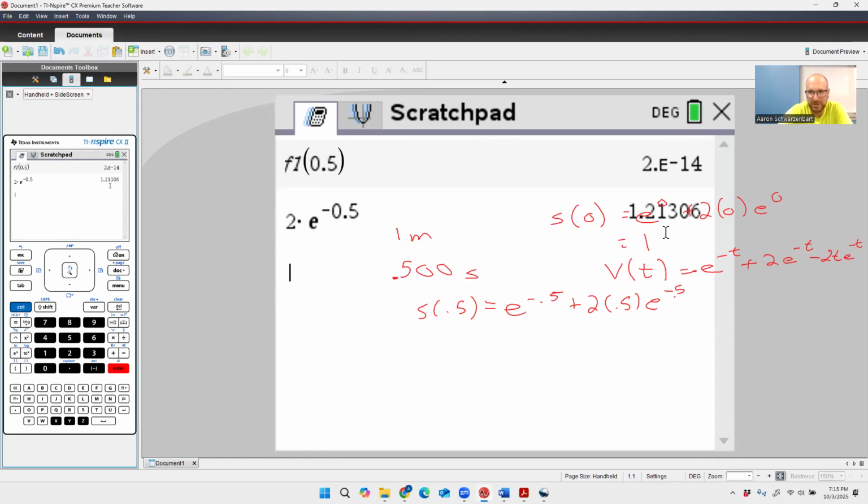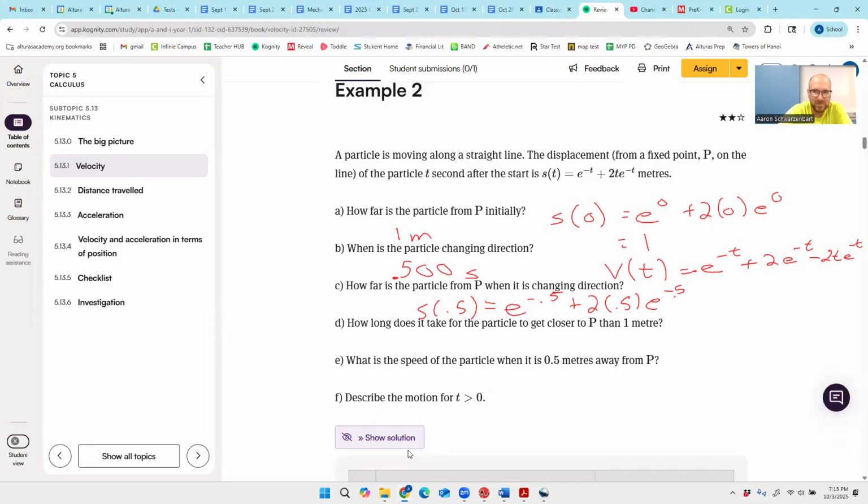And 1.21, that is the answer that they got. So very important: that little function notation is a great trick, but it's important that you use the right function.